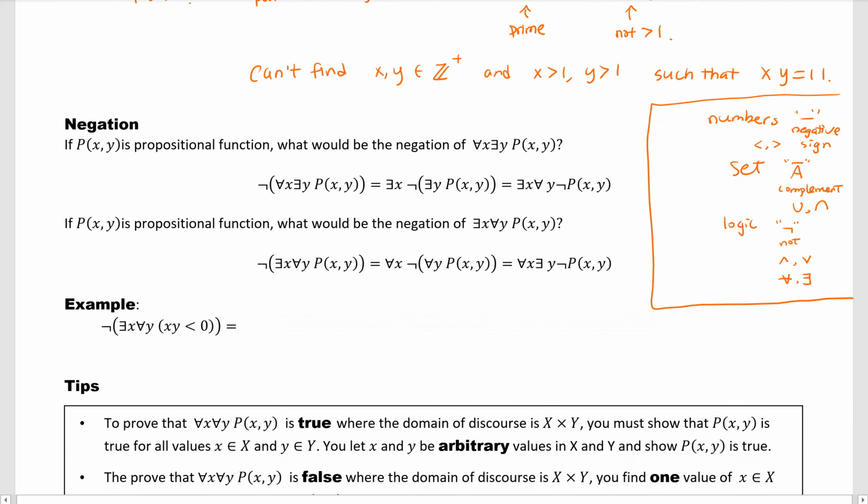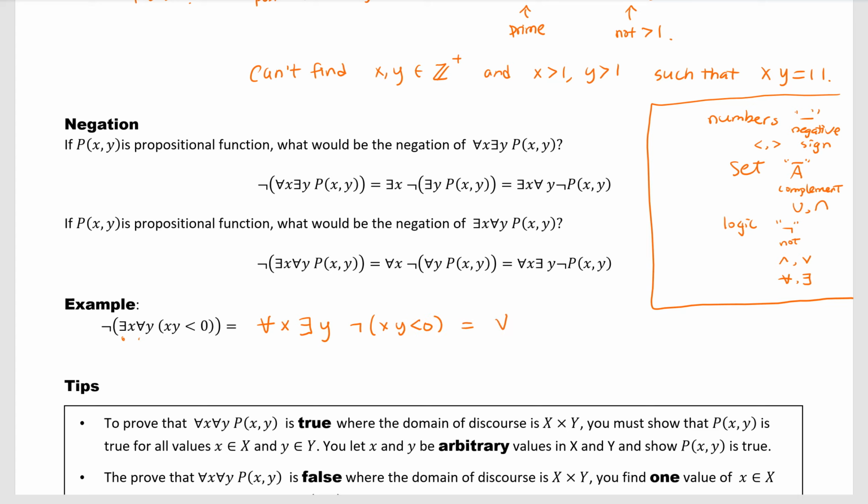For example, what is this? Not, see, this is the exists. Flip it, it becomes for all x, the x stays there. And this is for all, so we have there exists y, and then not xy less than 0. What is this?